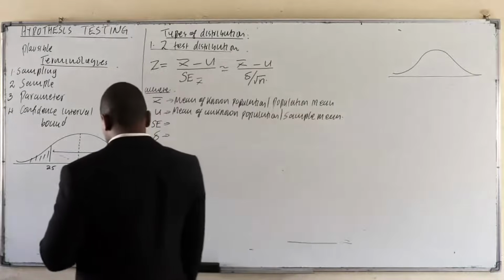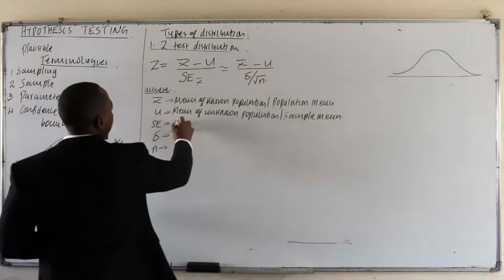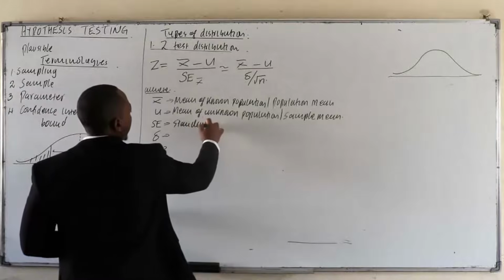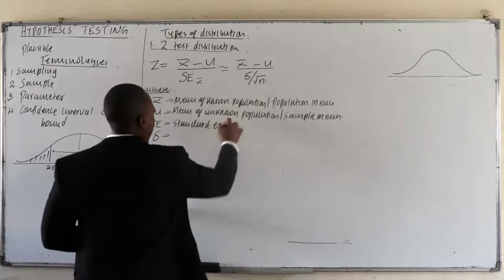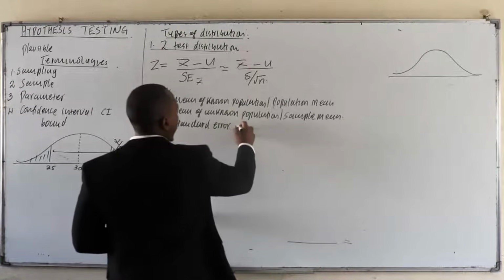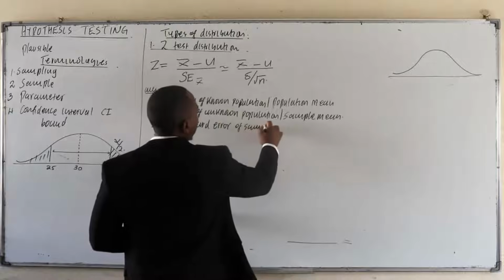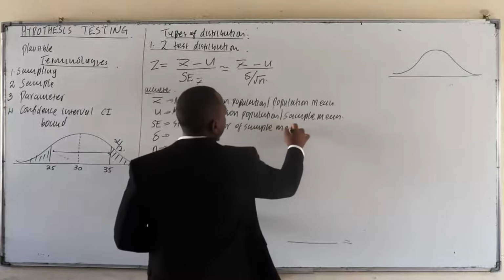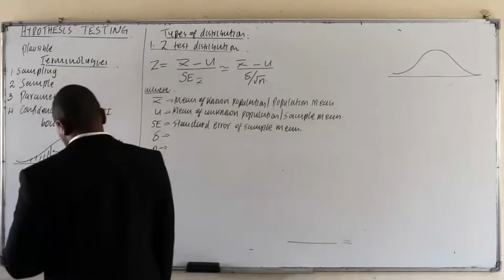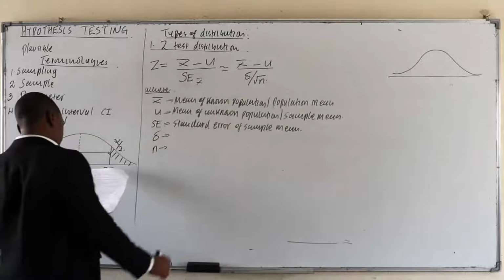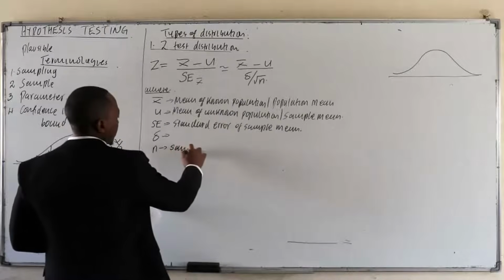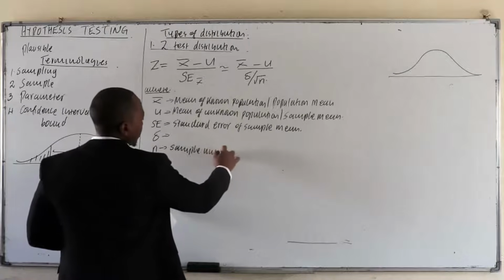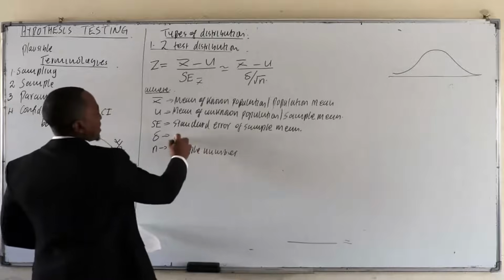SE is the standard error of the sample mean. N is the sample number. This is the standard deviation.